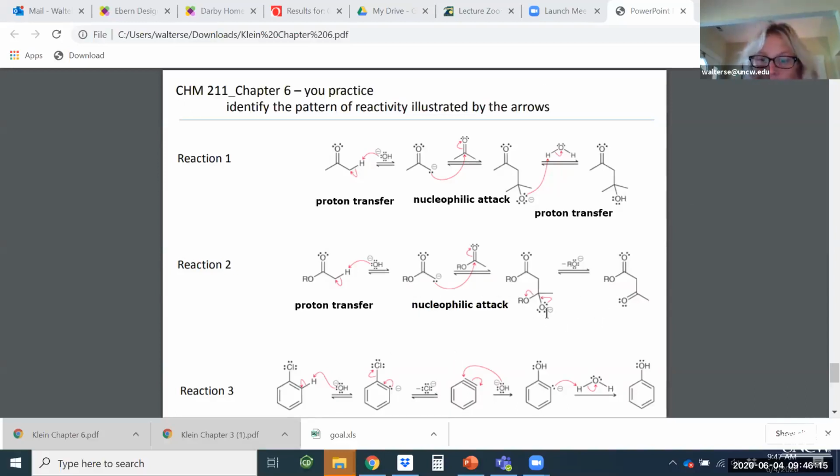In the third step, this lone pair of electrons is going down into a pi bond, and this RO part is being released from the molecule, so that is loss of the leaving group. In the last one, lone pair of electrons going to grab a proton, proton transfer.